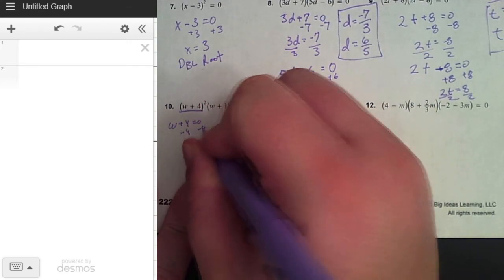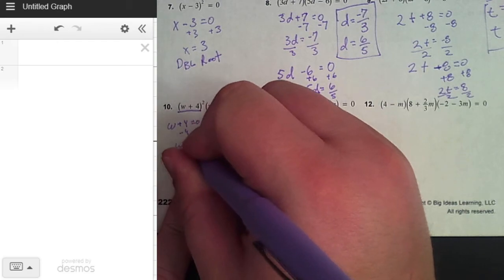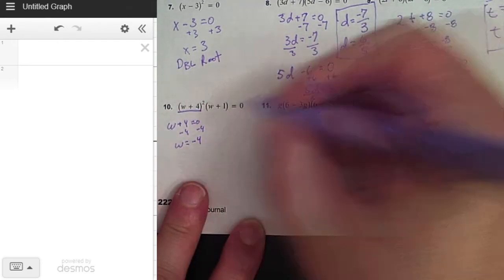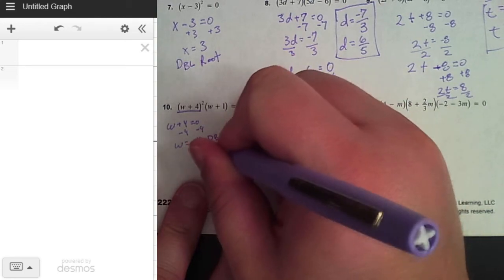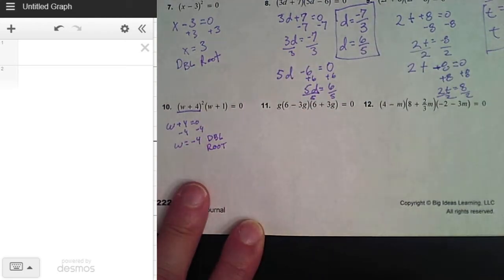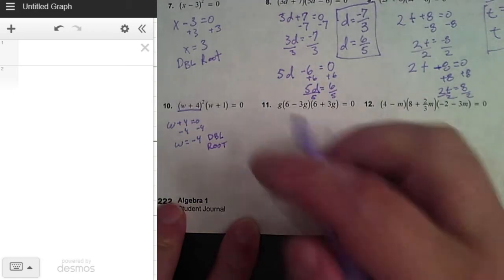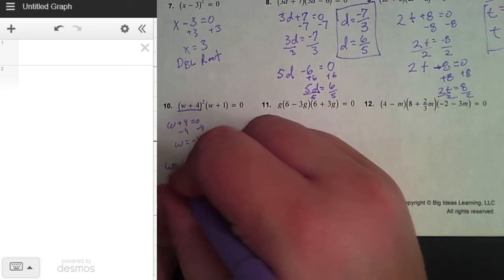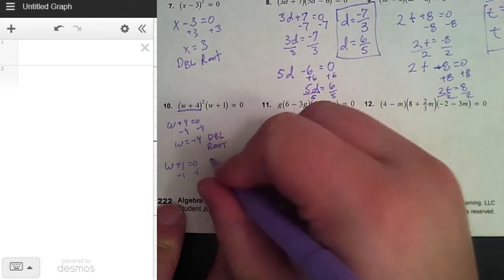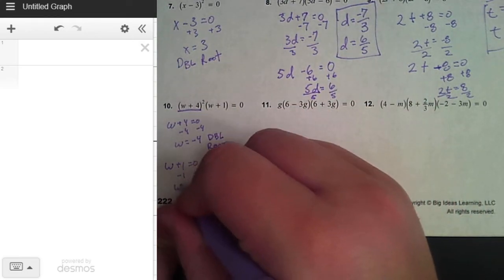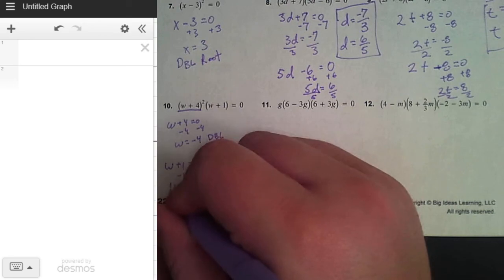Subtract 4 from both sides, and we get w is equal to -4. And we can say, well, that's a double root. And then we set w plus 1 equal to 0, subtract 1 from both sides, and we find that w equals -1.